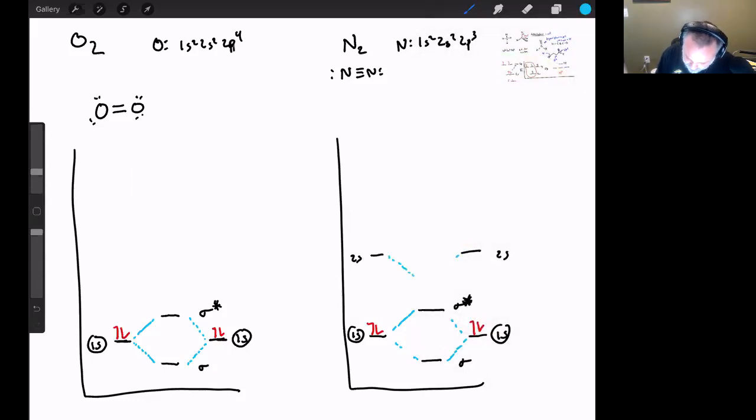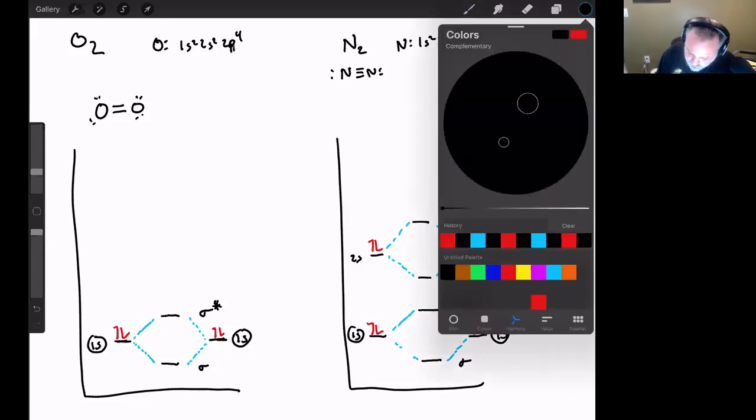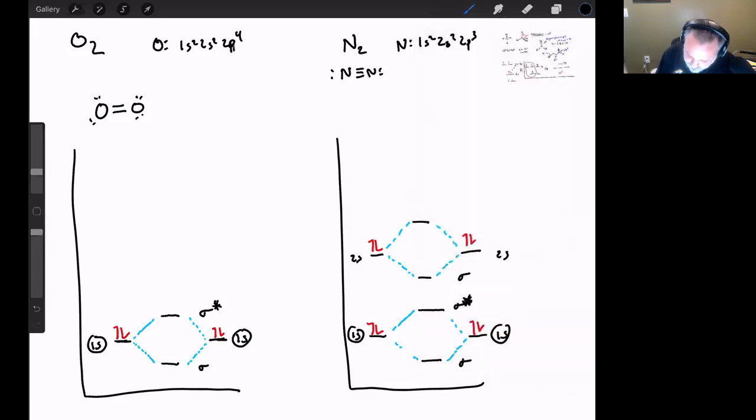It's the same pattern as before. One goes up high, one goes low, two orbitals in, you get two orbitals out. And so I've got this orbital here, this orbital there. They both had electrons. And we'll come back and fill them in later. But like before, we get a sigma orbital and a sigma star orbital.